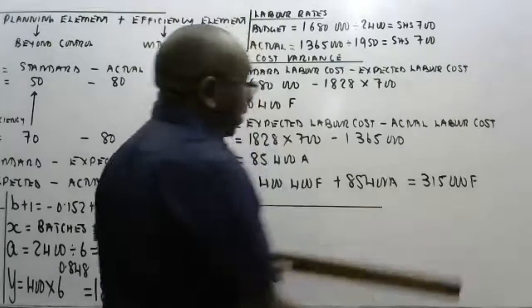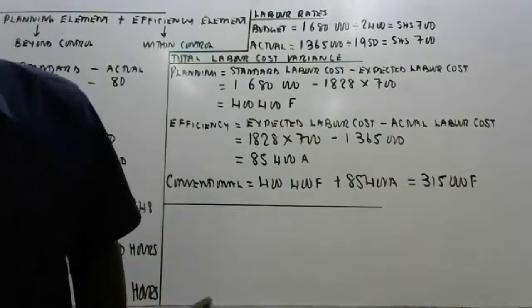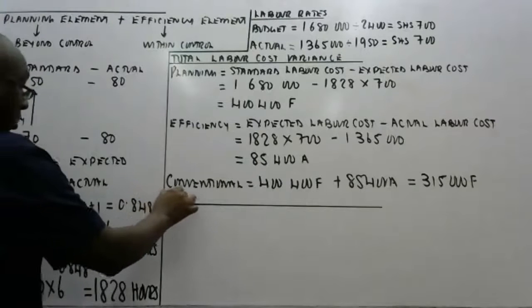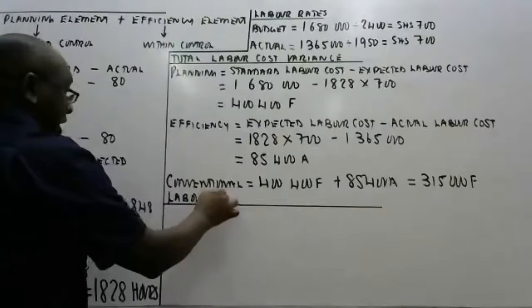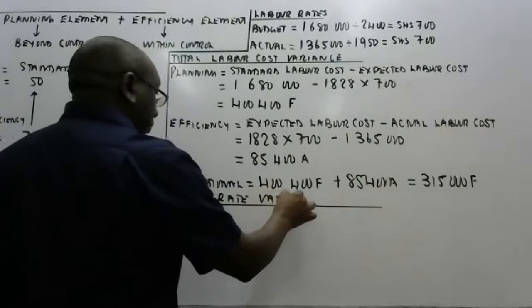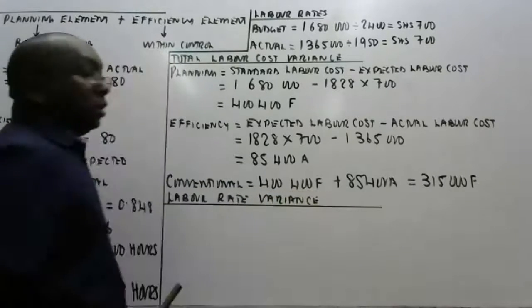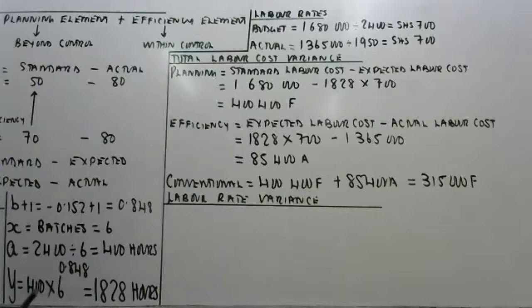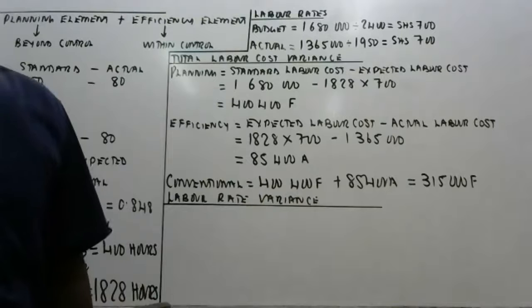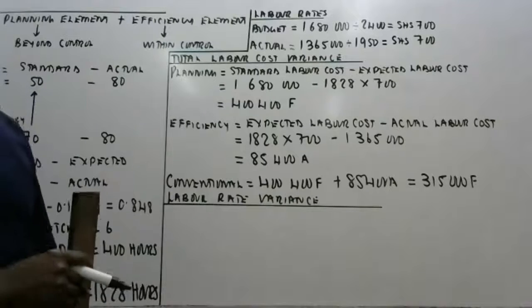We break the next one in the same way. The next one he has given is labor rate variance. For the labor rate variance, for us to get the planning, remember we always start with the standard rate.